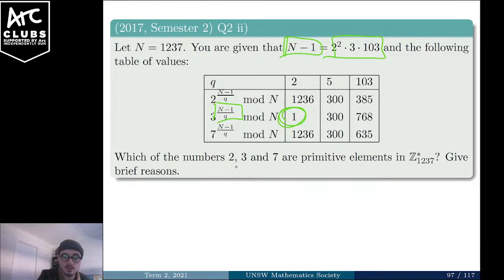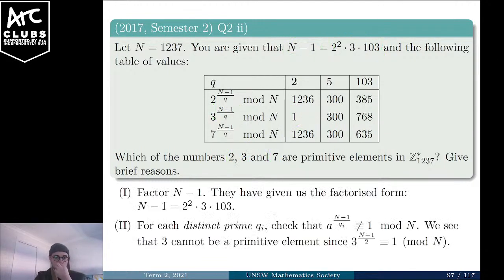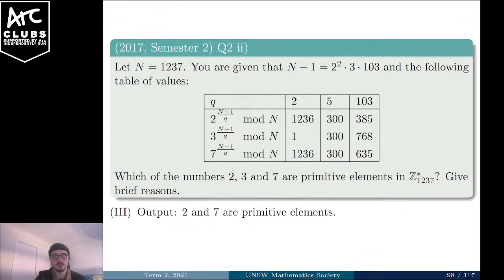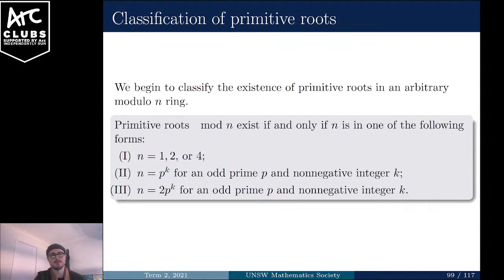So we say that 3 is not a primitive element, right? So then we can say that 2 and 7 are primitive elements. Let me just check if there's any extra information here. Yeah, we can see that 3 cannot be a primitive element because we've already got congruent to 1. And so therefore we say that 2 and 7 are. Yeah, cool.